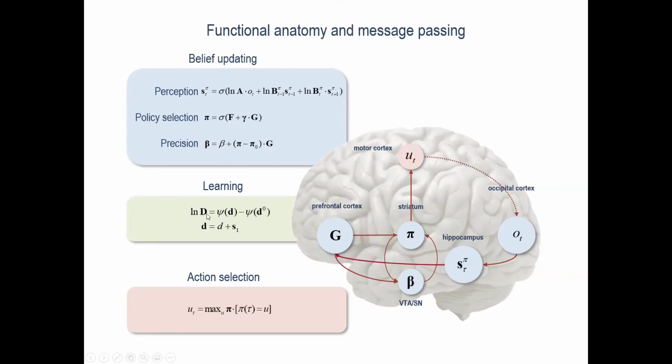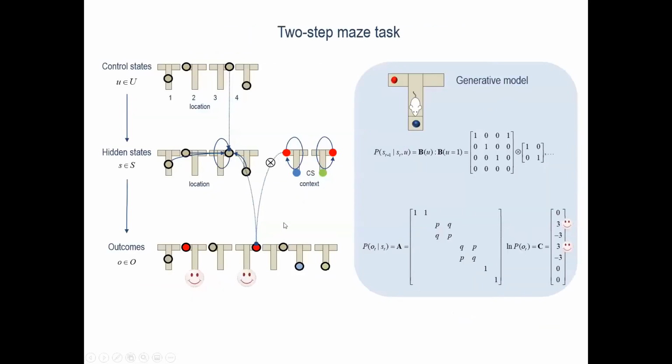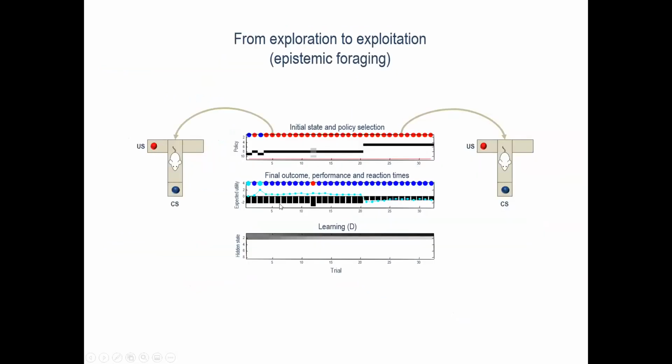Remember, D was the context, and action selection. And we've already gone through this example.